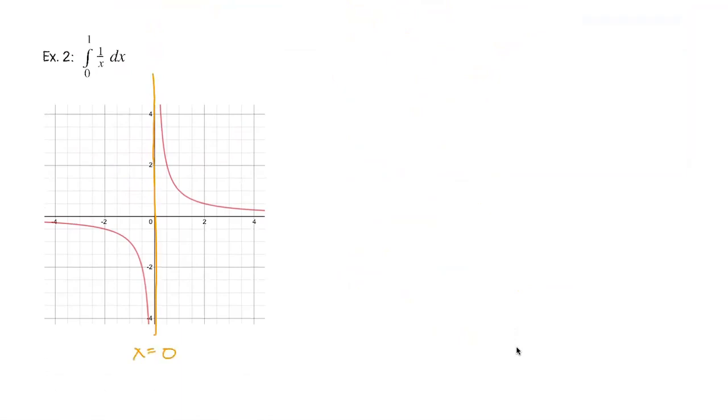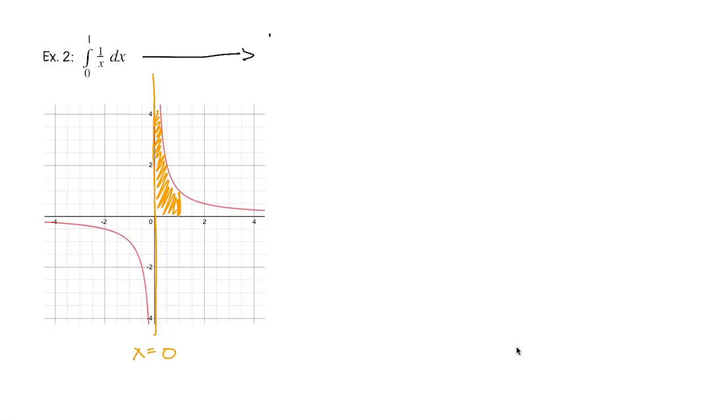And so if I want to find the area between 1 and 0, I'm looking for this area right here. And so our question is going to be, does this function get close to this vertical asymptote fast enough and give us a number or not?